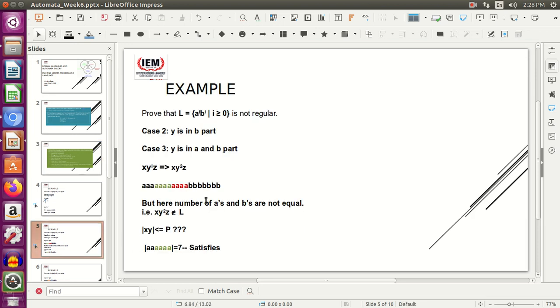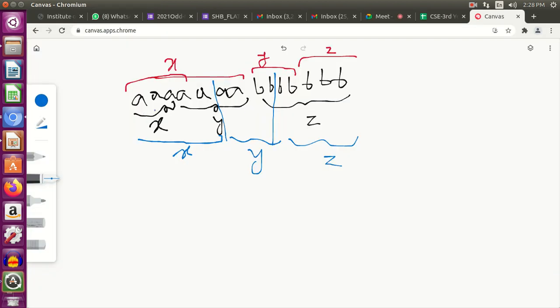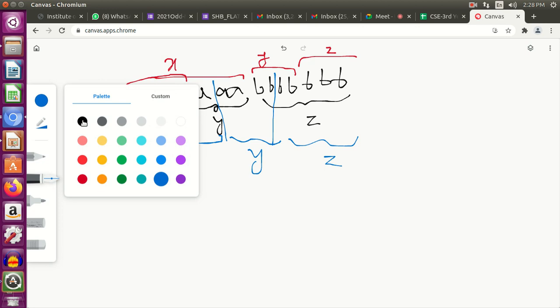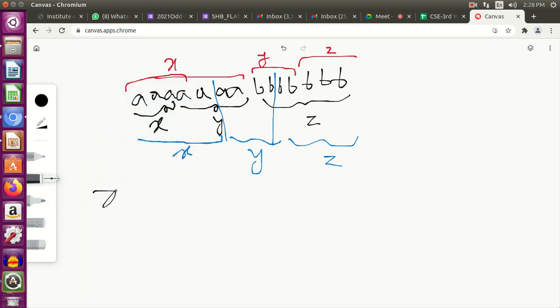So x y raised to the power i z, suppose i's value is 2. I am considering the value of i to be 2, so we get x y raised to the power 2 z. And I am considering case 1, okay. So in case 1, if I want x y raised to the power 2 z, what will be the value of the string?